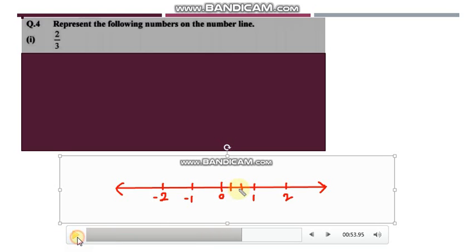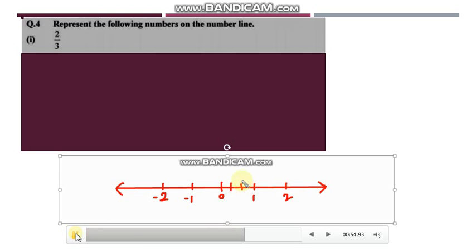And how many parts are we having? What is the numerator? Numerator is 2. So it means we are having 2 parts out of 3. So 2 over 3 will be here. This is the place of 2 over 3.